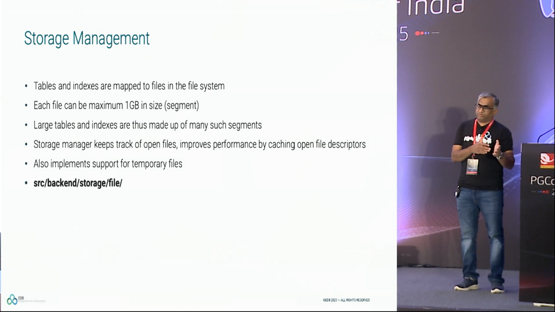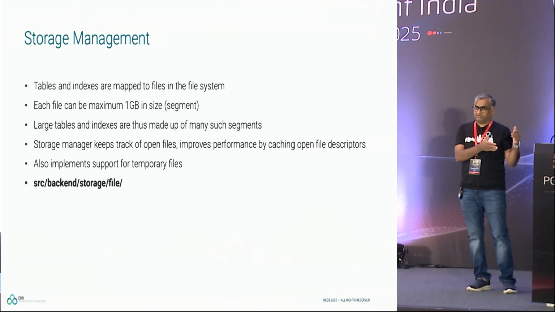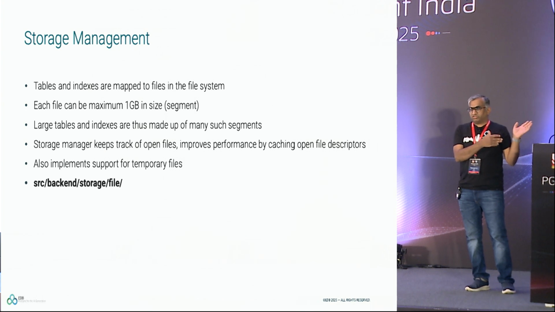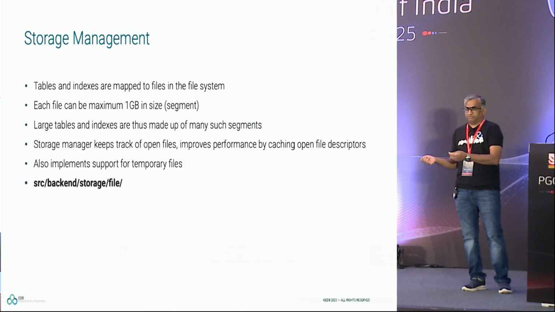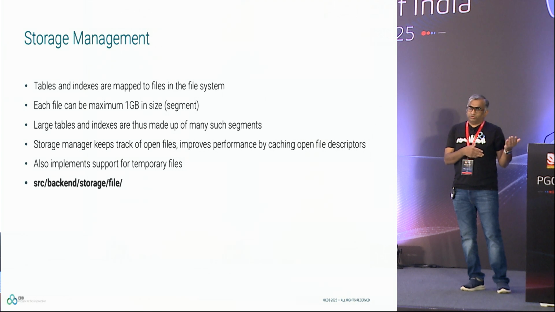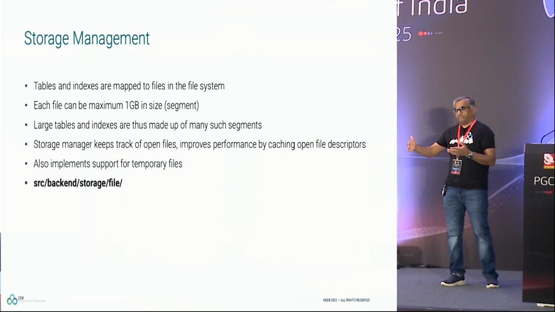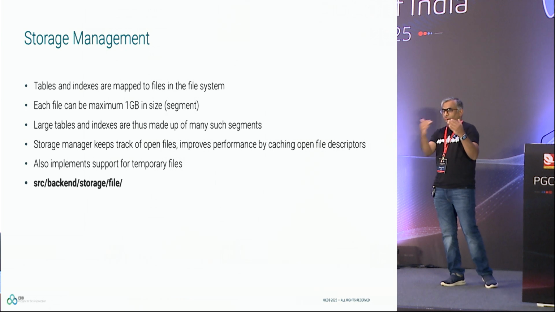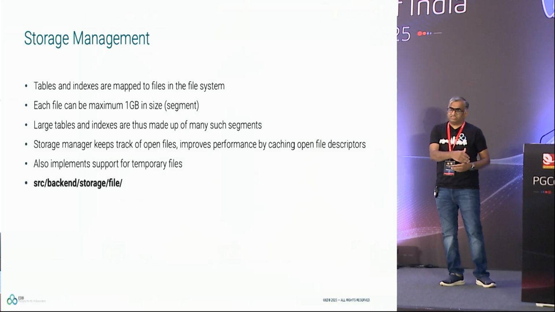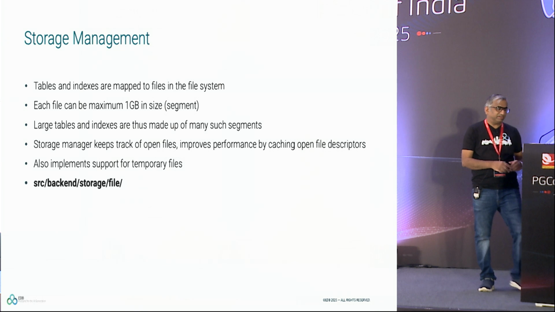The max size can be 1 GB. That has some historical context, because in the older days, file systems wouldn't support files which are more than 1 GB. But Postgres as a database doesn't have those kinds of limitations. So we work around that by having multiple 1 GB files that can be mapped to a single table or an index or whatever object you are looking at.